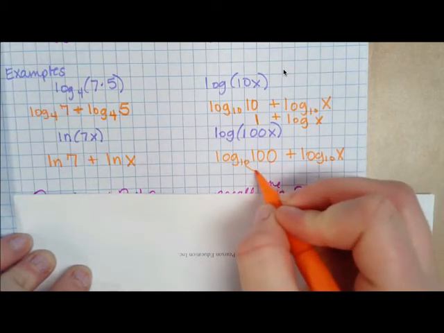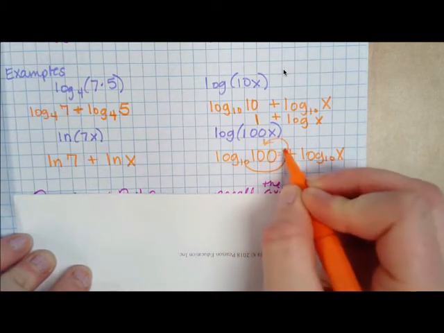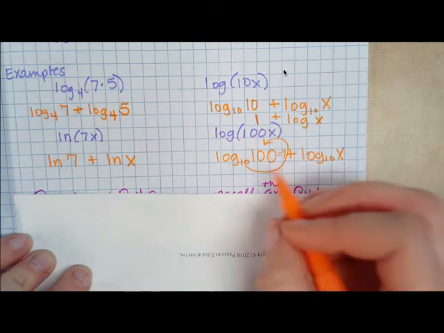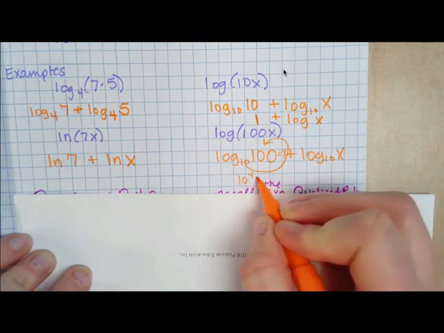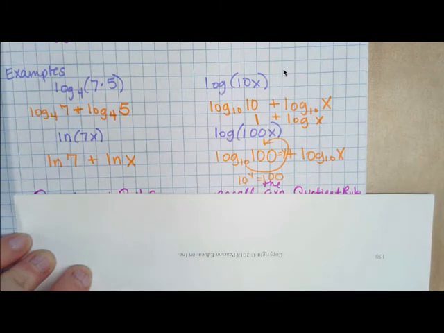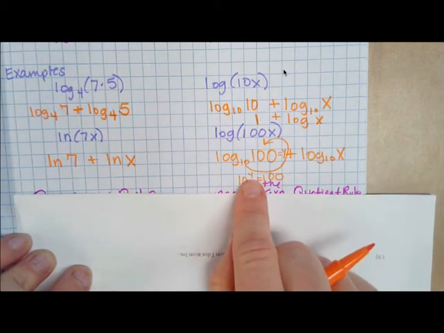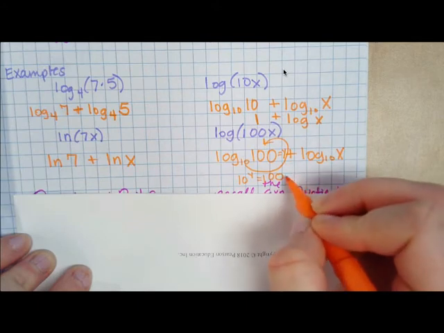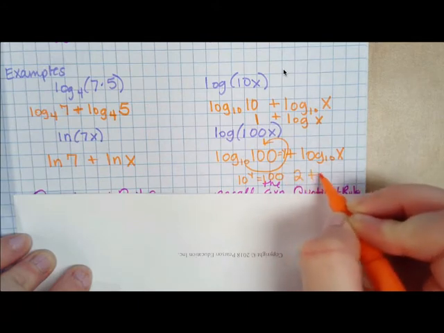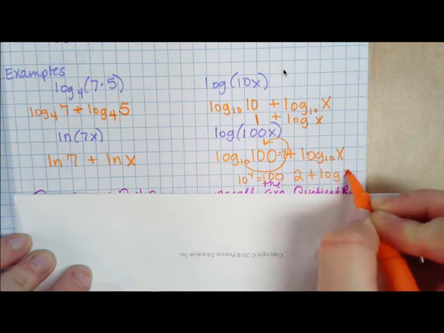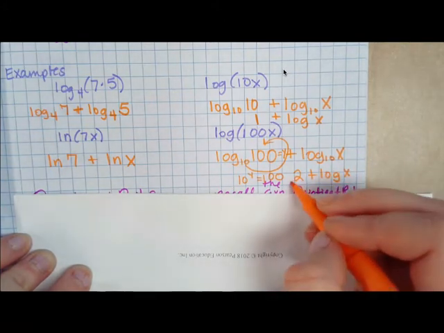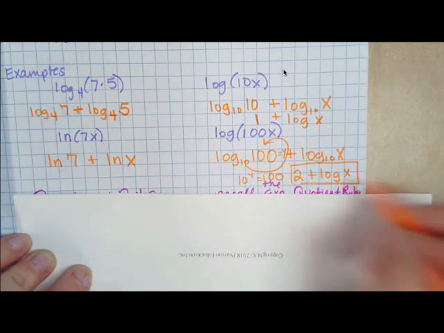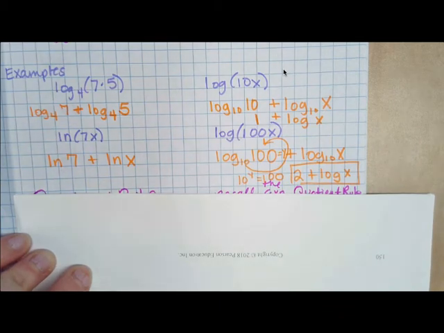Let's say this equals y, so 10 to the y equals 100. What would that exponent be to make it 100? It'd be 2. So we can rewrite this as 2 plus log of x. You don't have to have the base 10 there because that doesn't do anything for us.